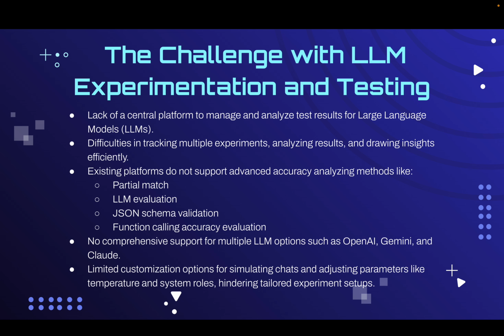So there are different ways we could evaluate a response from a given LLM, and I want to create a system that allows us to do this on multiple available LLMs. You can run the same query, the same experiment, on different LLMs, like OpenAI, Gemini, Claude, Grok, and you would be able to see what their response is, what their accuracy level is, and whether that call worked or not.